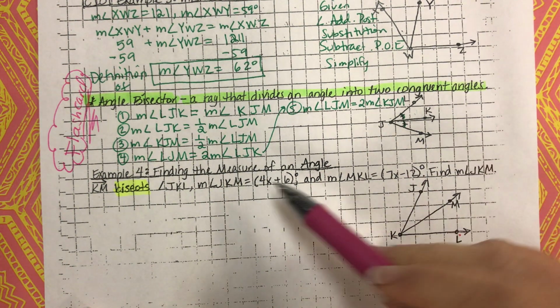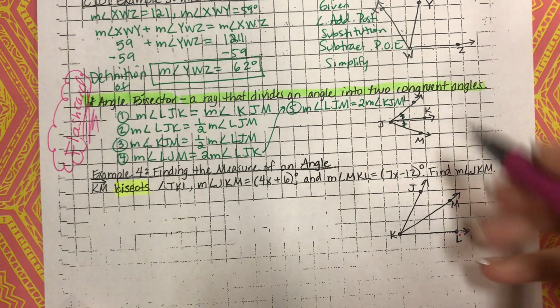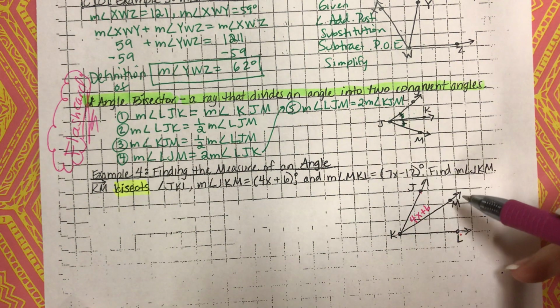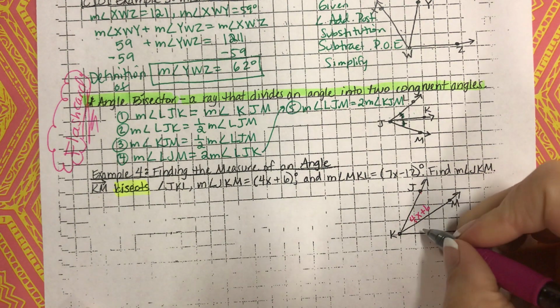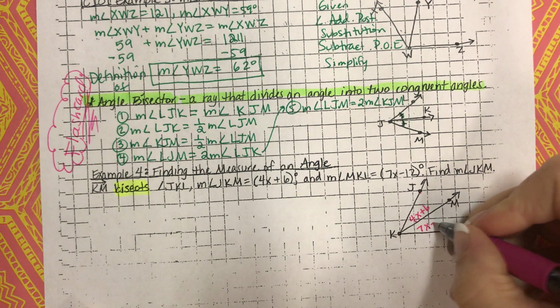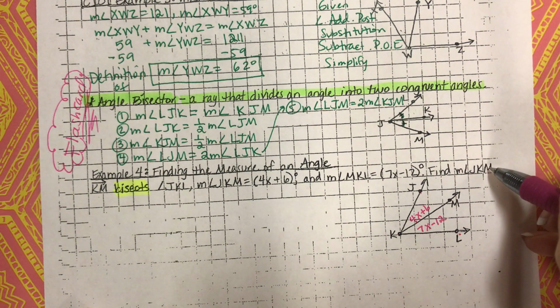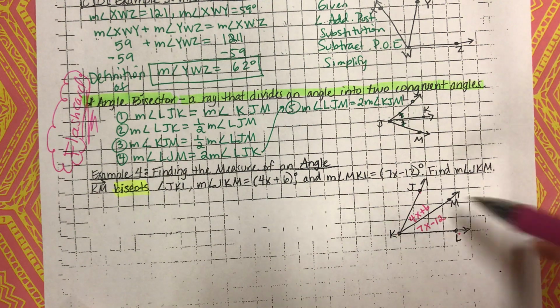It is telling us that the measure of JKM is 4x plus 6, and that the measure of MKL is 7x minus 12. It wants us to find the value of JKM, this one.